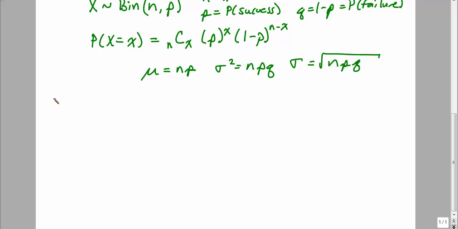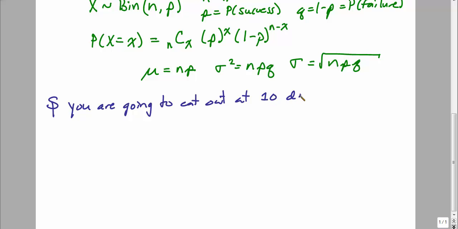For our first example, let's go ahead and suppose, and again this is an S with a P hanging from it, so it means suppose. So suppose you are going to eat out at 10 different restaurants on a vacation.